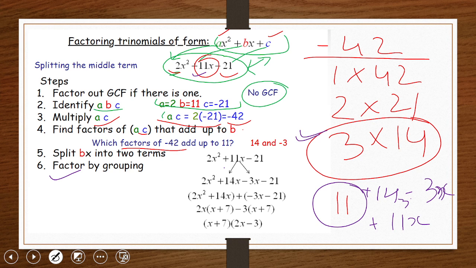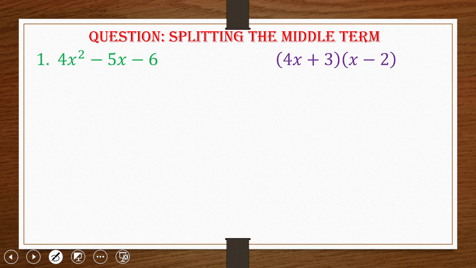Then I grouped the terms using the associative property and took out the common factors from each group. I took out 2x minus 3 outside. Then I took out the HCF, and the remaining factor is the last answer. So splitting the middle term is completed.